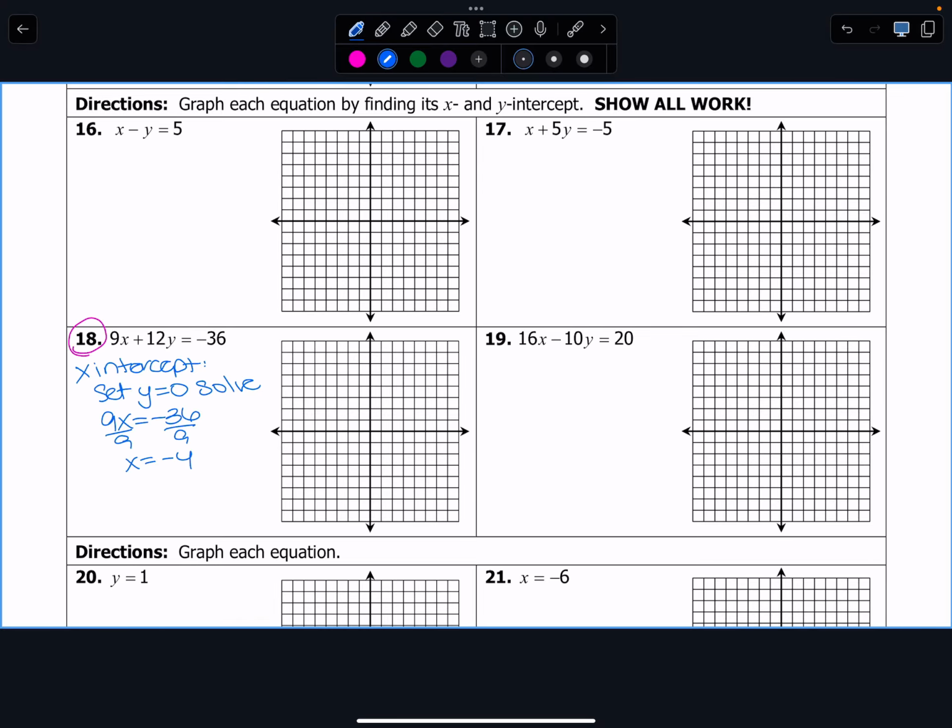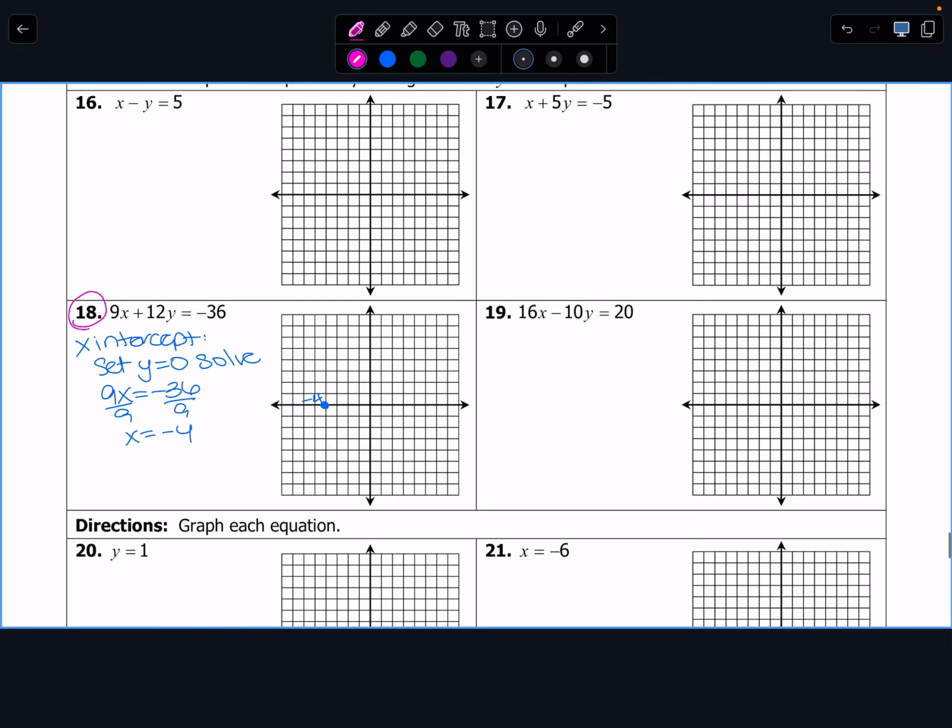So I'm going to plot 1, 2, 3. Negative 4 on my x-axis. Then to find a y-intercept, I set x equal to 0. So then I get 12y is equal to negative 36.